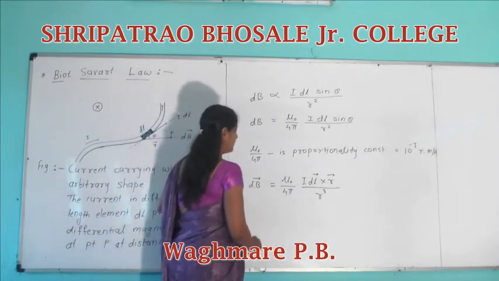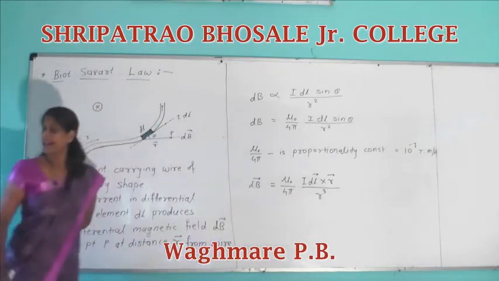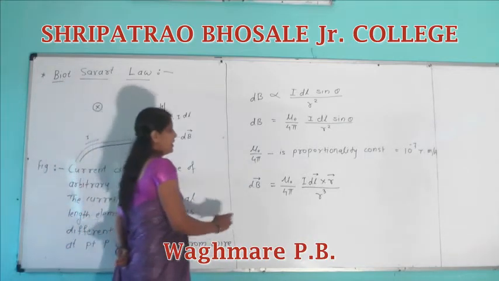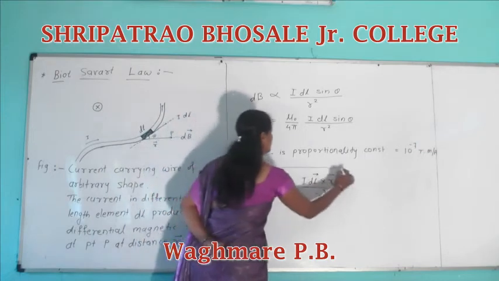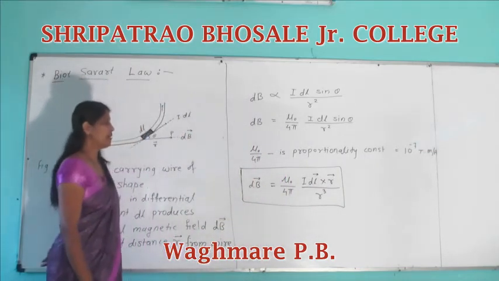This is the vector form of the magnetic field at point P.